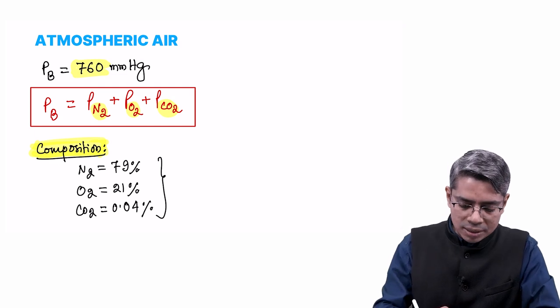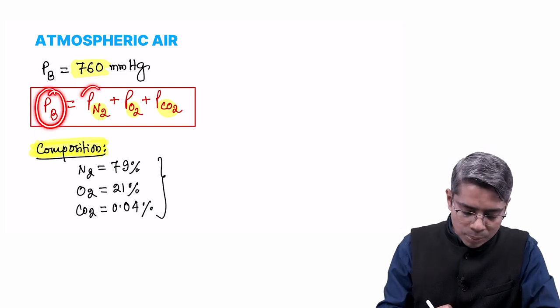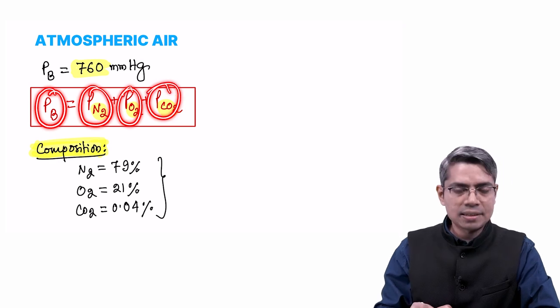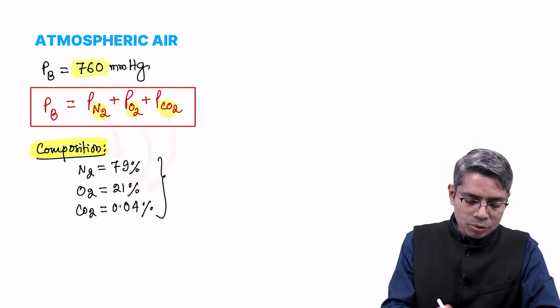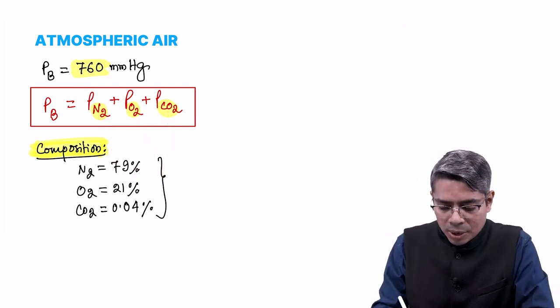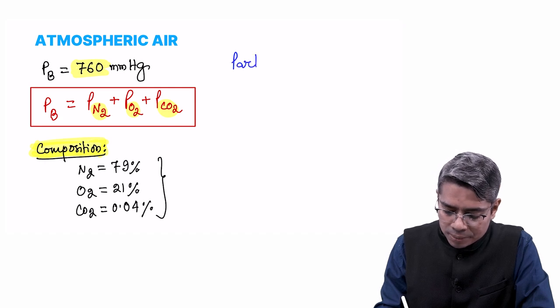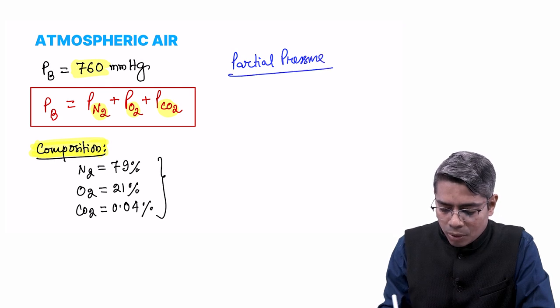So, I told you earlier that the total pressure is equal to the sum of the partial pressures of the component gases, and now we know the percentage of these component gases. So, it is very easy to calculate the partial pressure of all gases.